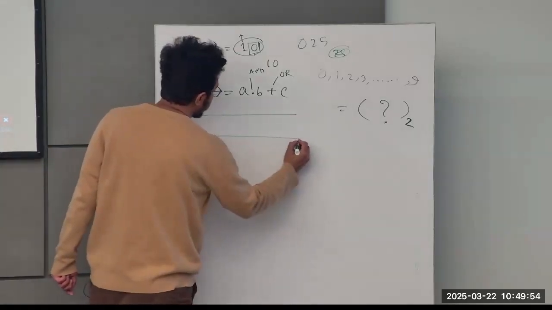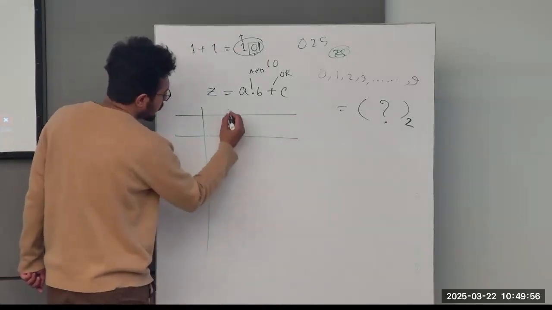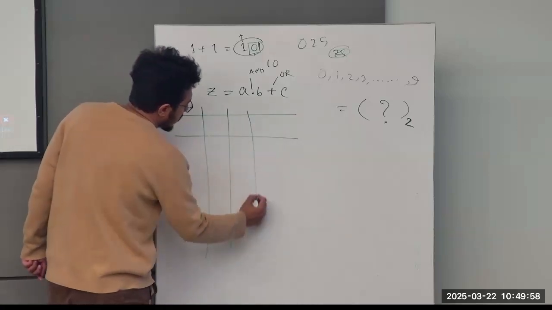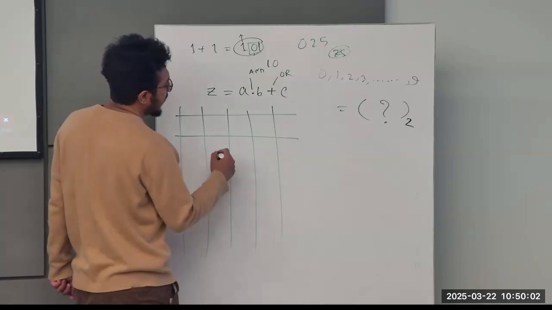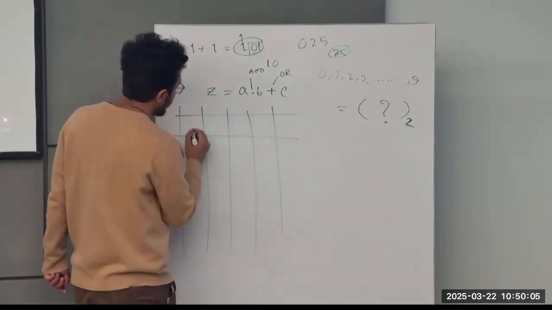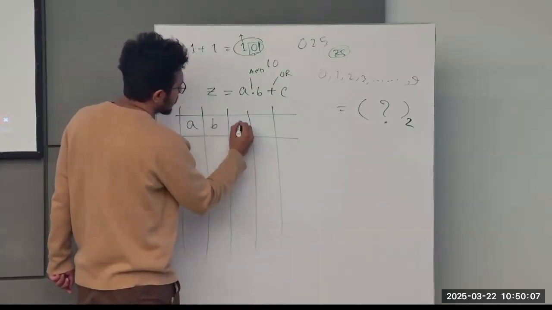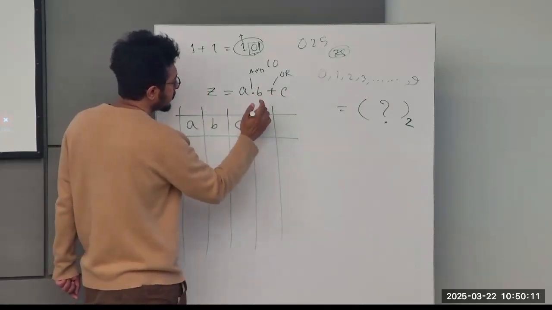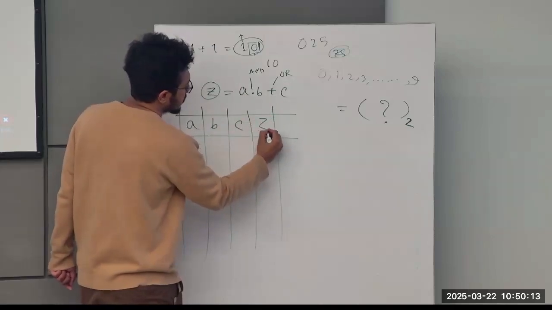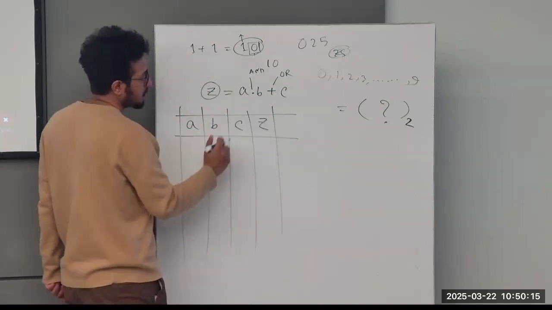You will make a table that has all of these inputs A, B, C. Do we have any other input? No. Do we have any other output? Yes. Then the output. All the inputs, then the output.